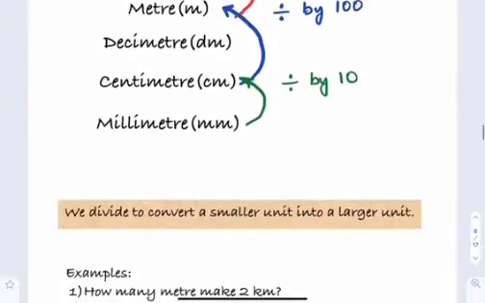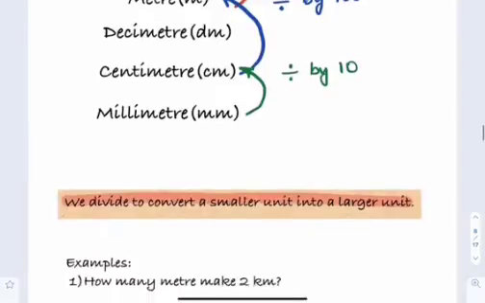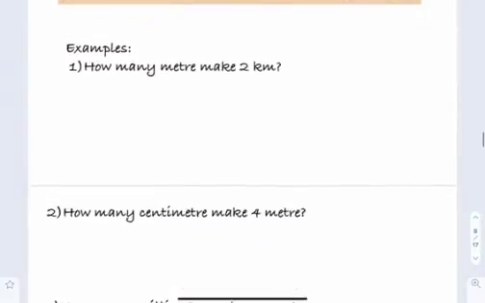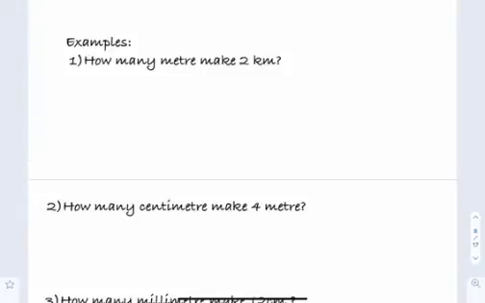Here also you need to remember this. We divide to convert a smaller unit into a larger unit. Now, I hope all of you have understood the concepts. Now we will go through a few examples, solve them for better understanding, to understand how the concept actually is being applied in these problems.